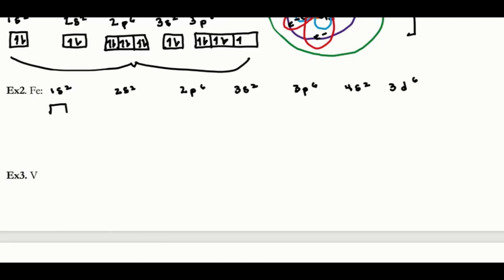So 1s has 1 orbital with 2 electrons, 1 up, 1 down. 2s has one orbital, one up, one down. 2p has 3 orbitals. One up, one up, one up, one down, one down, one down.